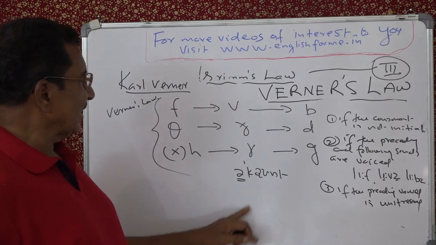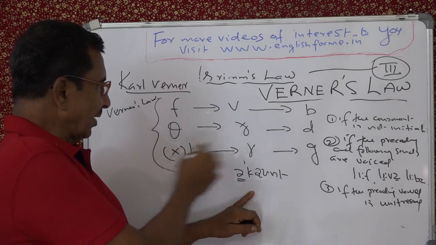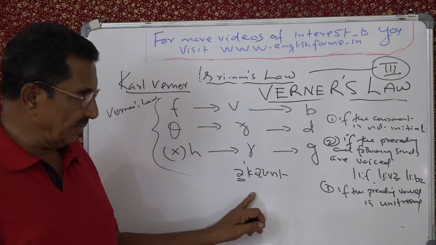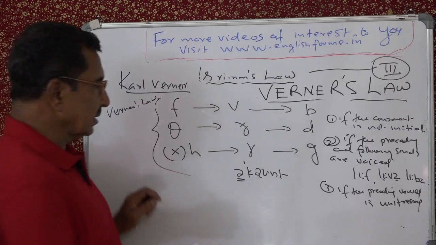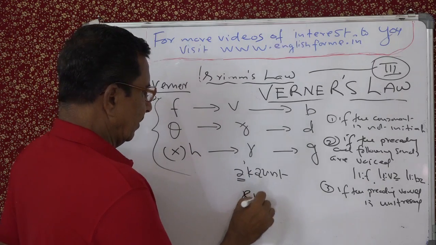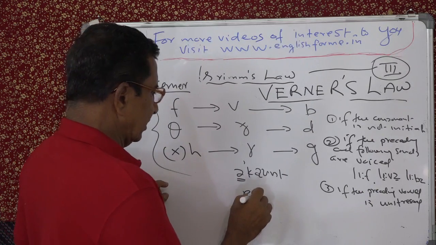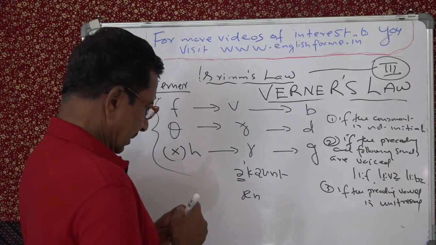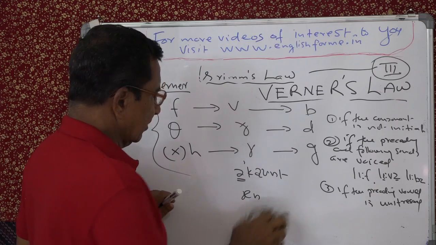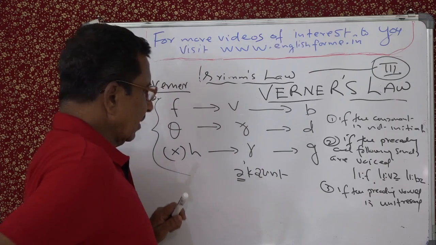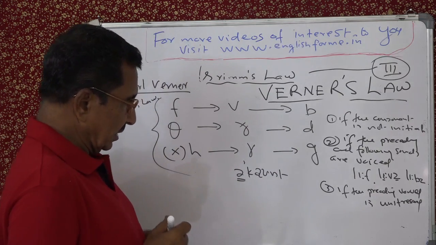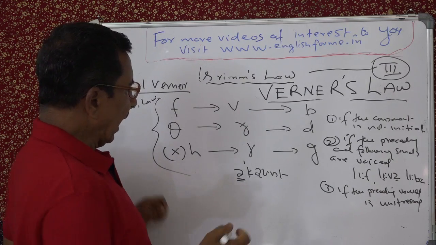So what happens is, not any one of these, I am just giving you an example, account. For a stressed vowel you can say angle, or you can say apple. That's better. Initial stressed vowel you can say apple.